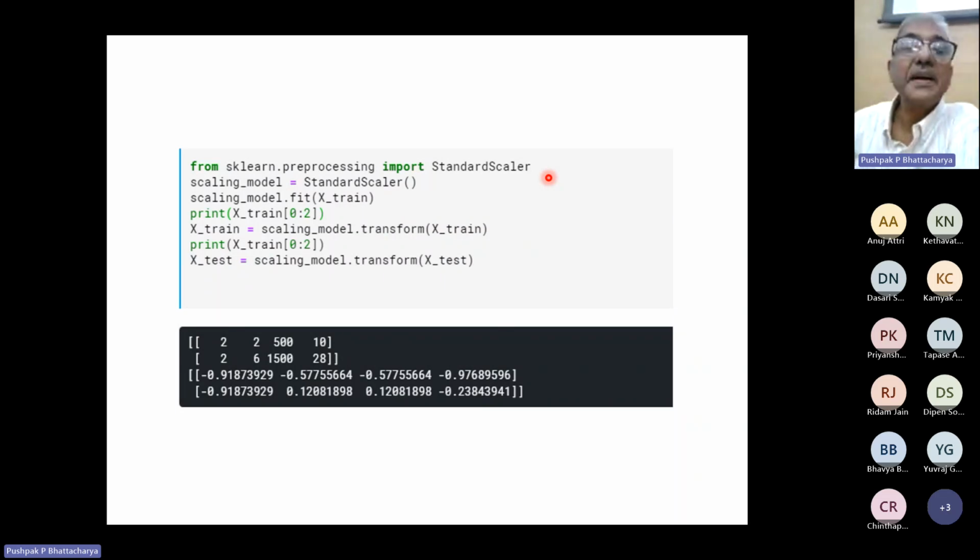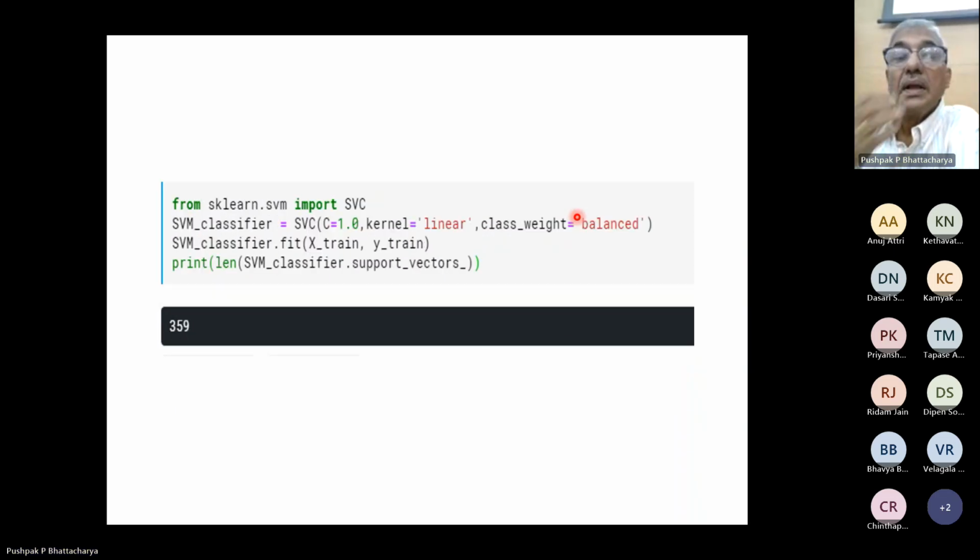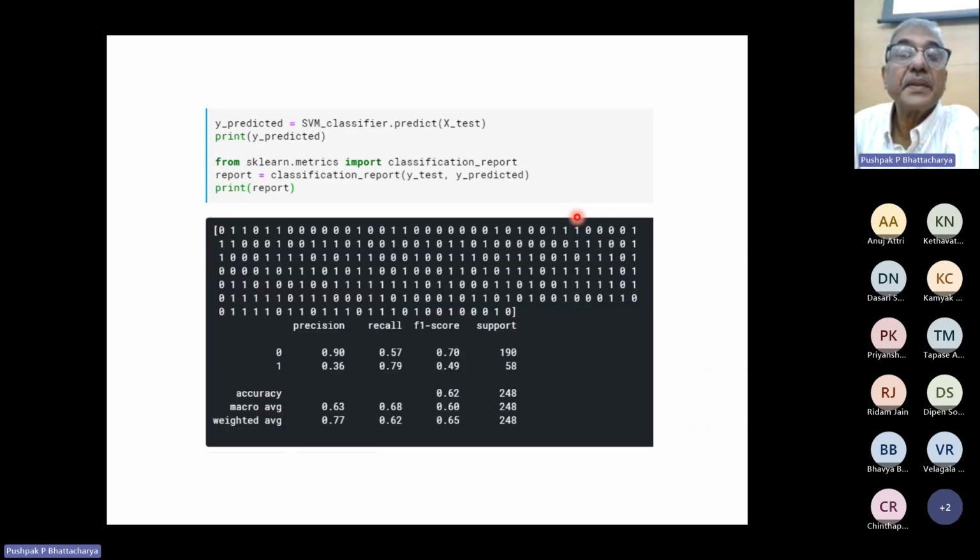Okay, so pandas you will have to use for data absorption, standard scalar for normalizing the attributes, and then you will run the support vector machine classifier. The performance is reported by precision, recall, F-score, accuracy, etc., and it produces a nice report. Okay, so this is the way the package will have to be used.